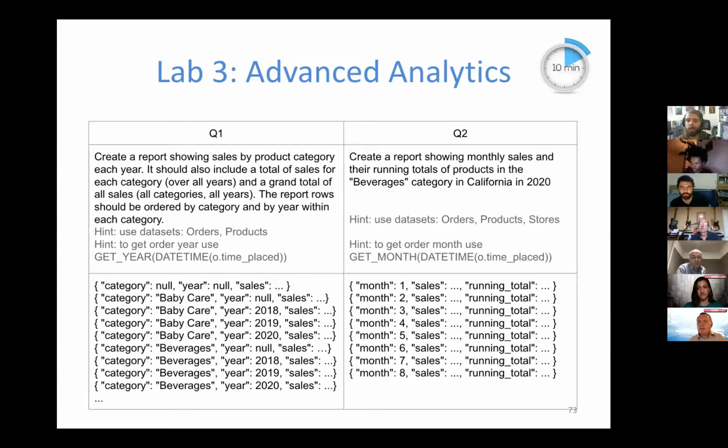Each output row for that second report should correspond to a month and should show monthly sales and the running total of sales. Also note that these are advanced analytical queries. If we were grading this assignment, we would give 100% just for a single query and a bonus point for the second one. But we're not grading.